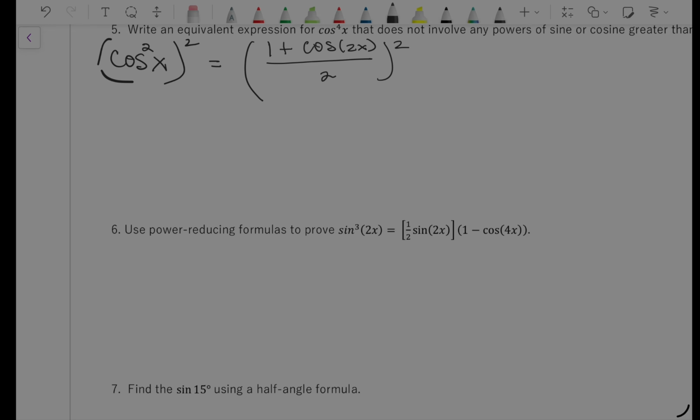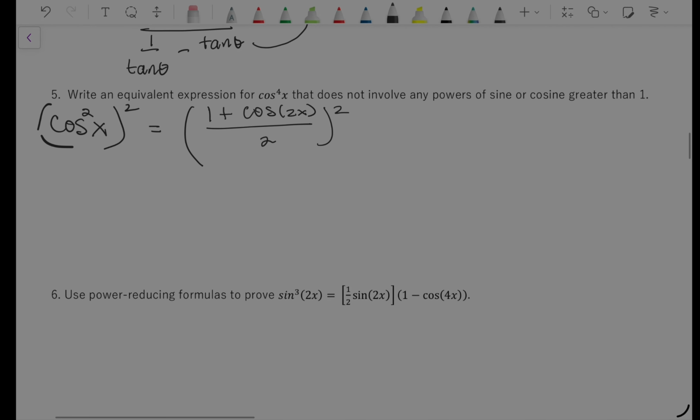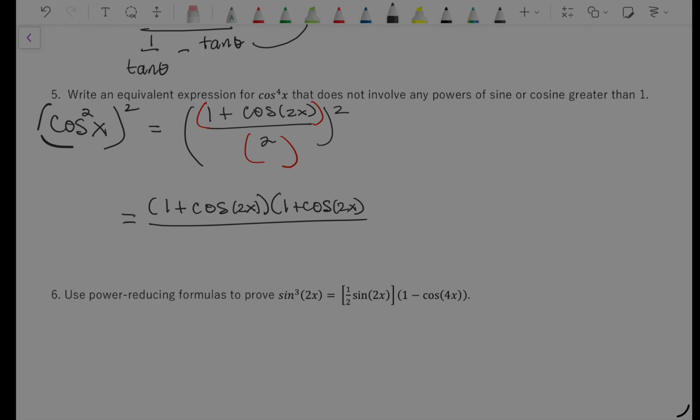Okay. We can square the top, square the bottom, right? Square the top, square the bottom. Top will be 1 plus cosine of 2x, 1 plus cosine of 2x, all over 4.